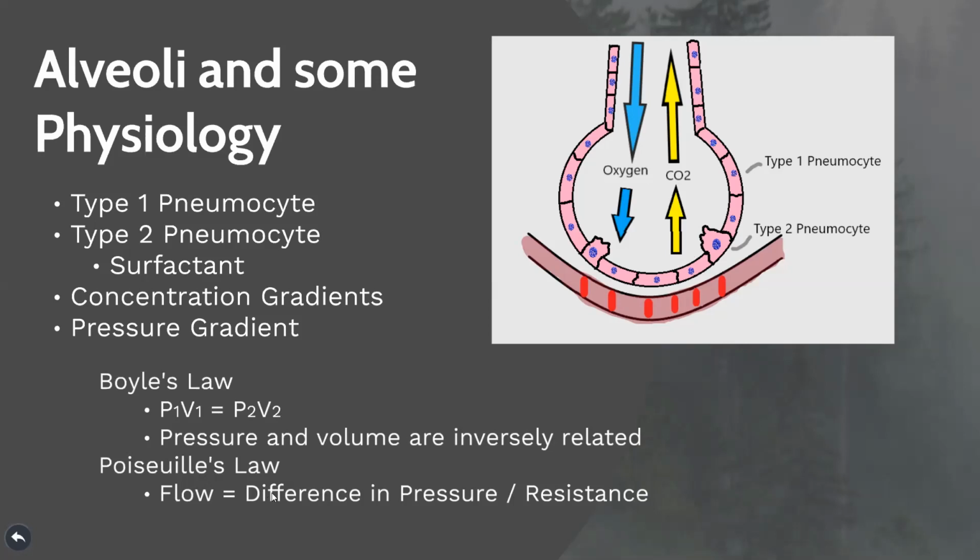And the flow is a term of the difference in pressure divided by the resistance. Now, in theory, the difference in pressure should be relatively constant. In theory, the resistance is what can really change, and that's going to come up again in COVID when we talk about it. And so that's just something I wanted to bring up.